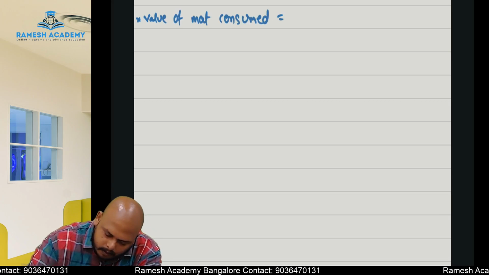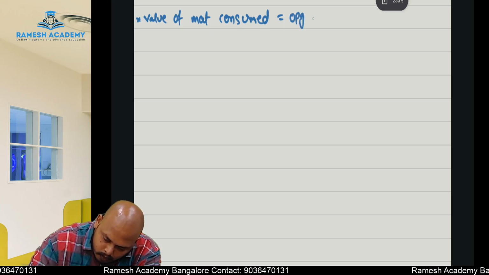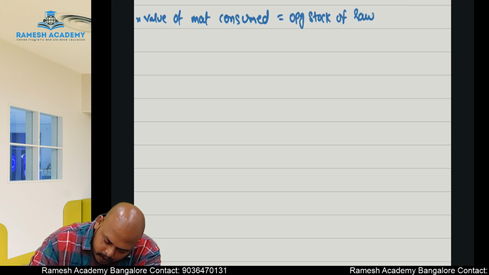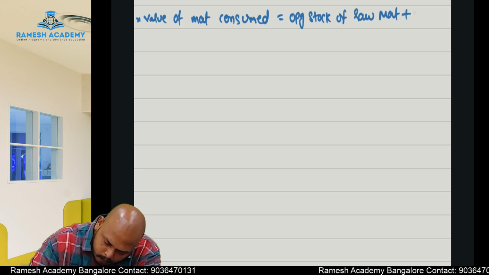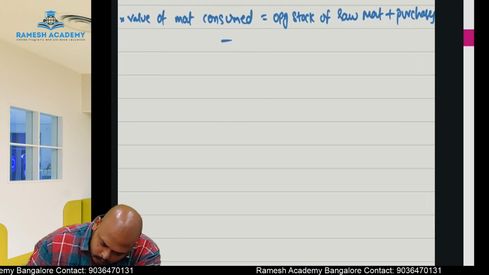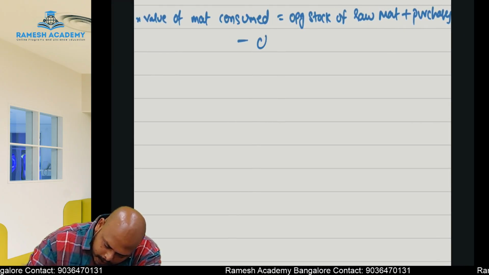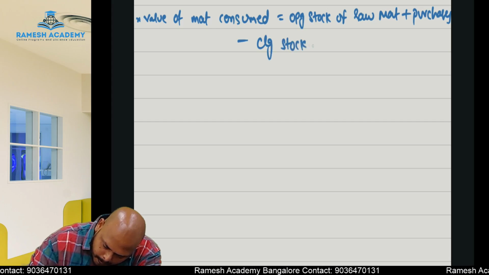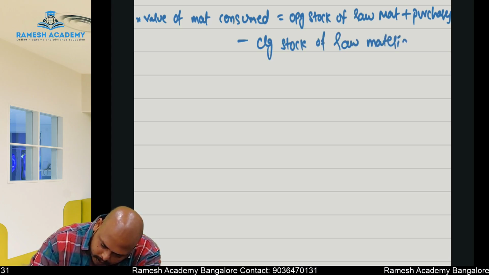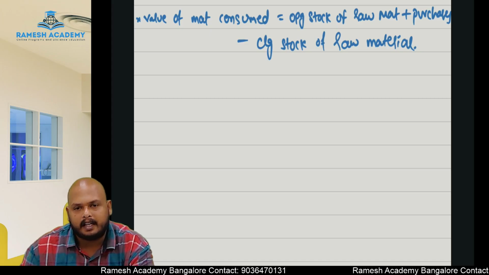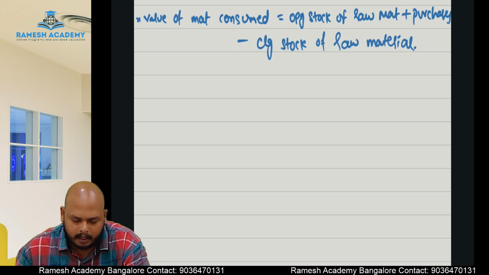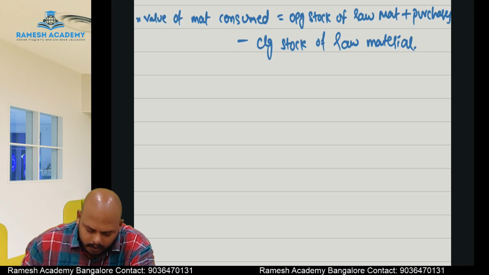Value of material consumed is equal to opening stock of raw material plus purchases minus closing stock of raw material. This is the formula for value of material consumed: opening stock of raw material plus purchases minus closing stock of raw material.